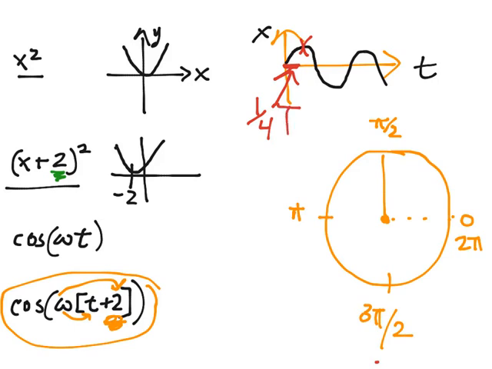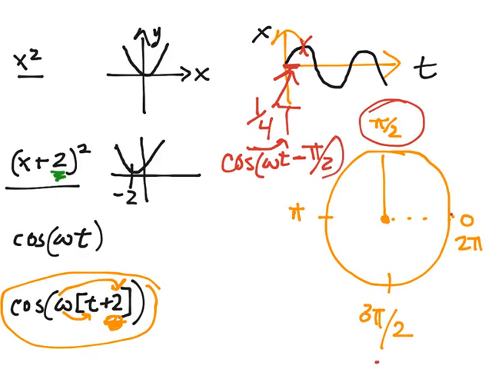And it's shifted over to the right, so you know you're going to be subtracting. And let's look at our unit circle. 1/4 of the unit circle is pi over 2. So if we were to write this one right here, you'd have cosine omega t minus pi over 2.